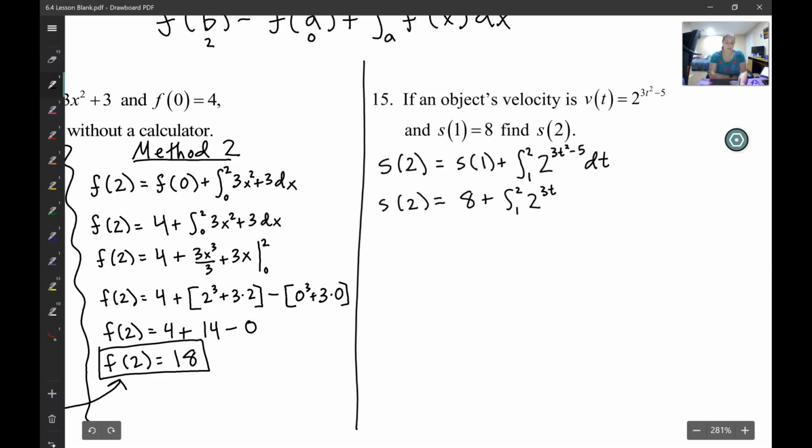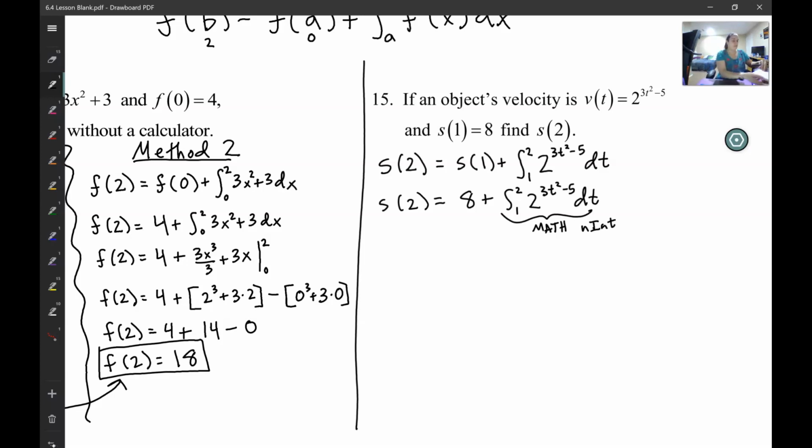Now, I'm going to give you a hint right now. We cannot do that antiderivative by hand. So this would actually be a calculator question, where for that part, you would just use your math and then your fnInt.